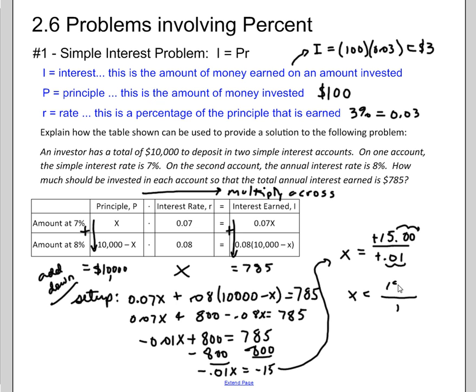That gives us 1,500. So now we know that the principal that we're going to invest at 7% will be $1,500.